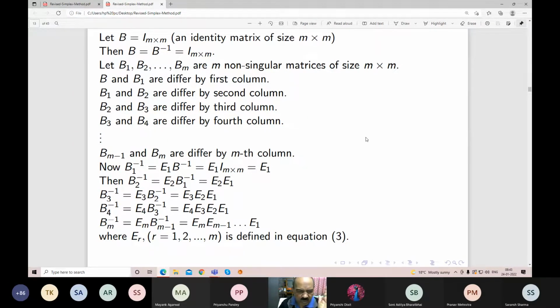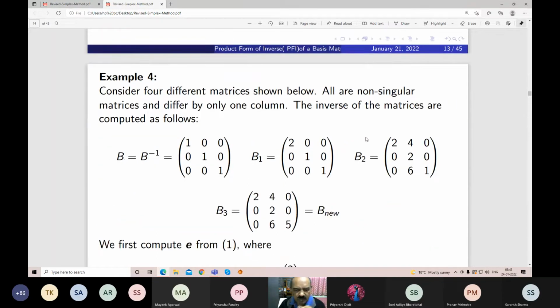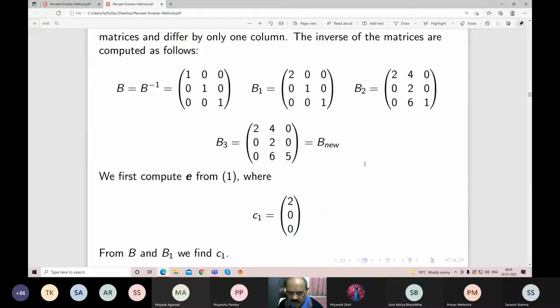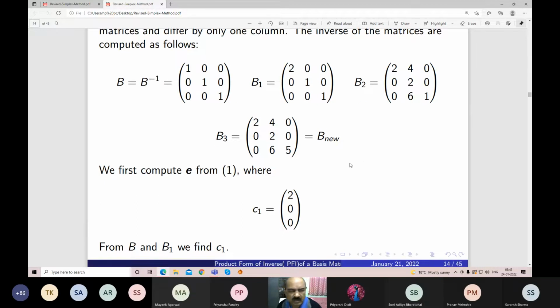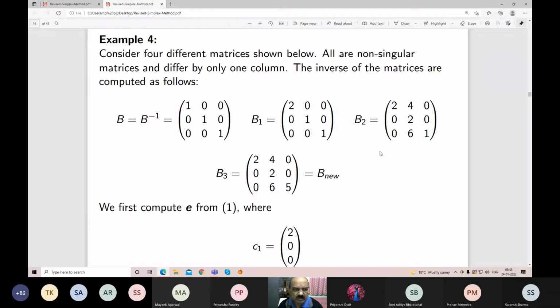Okay, so now see here. The example 4, it will clarify everything. Now I have taken a matrix of size 3 by 3. We are interested to find the inverse, B and B inverse.